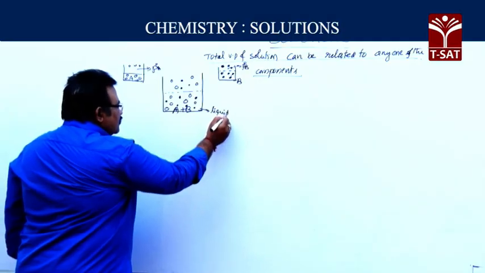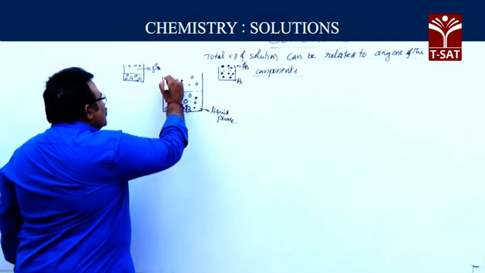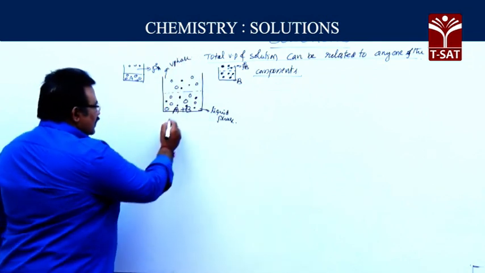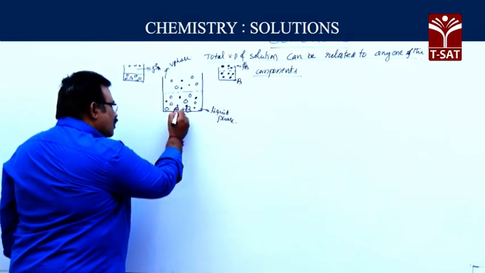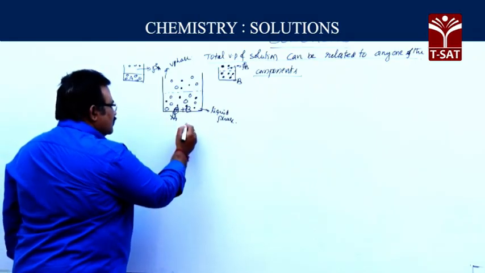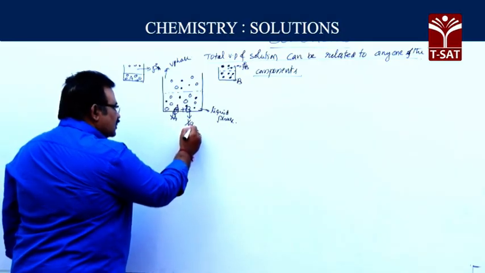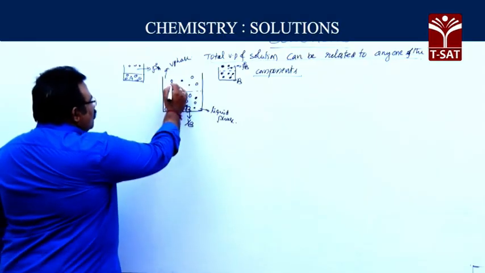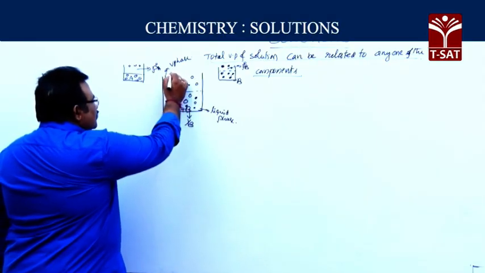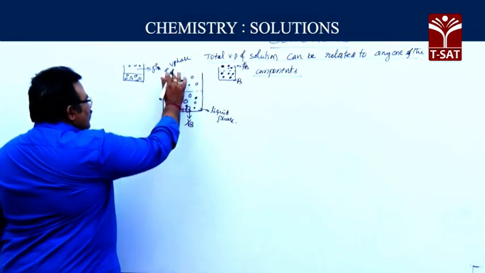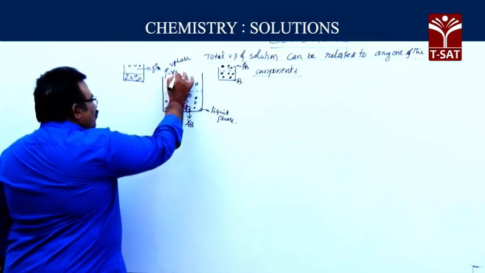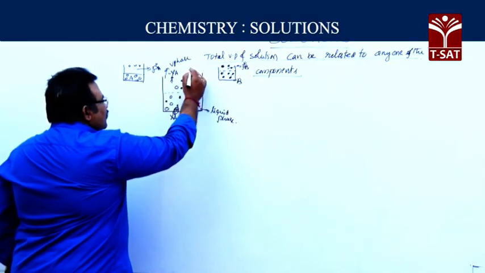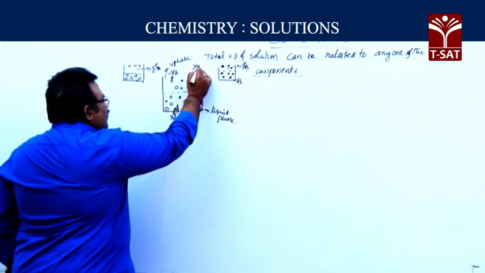This is the liquid phase and this is the vapor phase. The mole fraction of A component is XA and mole fraction of B component in liquid phase is XB, whereas mole fraction of A component in vapor phase is YA and mole fraction of B component in vapor phase is YB.